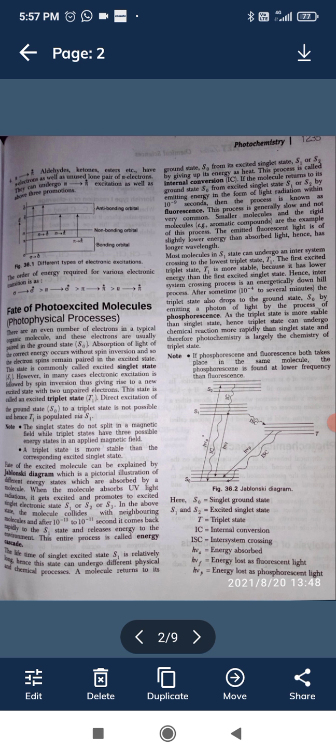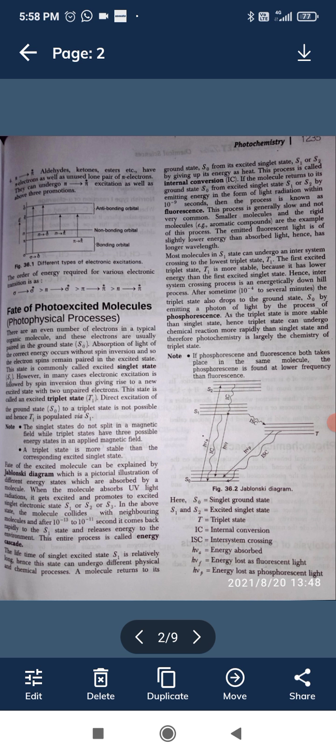Direct excitation of the ground state to the triplet state is not possible, and hence T1 is populated via S1. That means the electrons cannot get excited directly to the triplet state. So S0 to T1 is not possible.